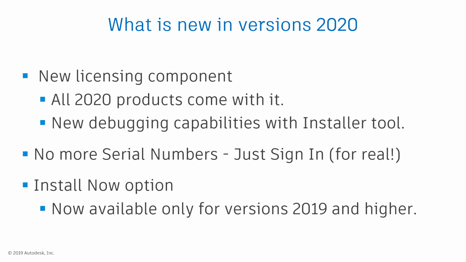Another main change with 2020 is that most of the licenses are being migrated as we speak to user ID based authentication. You may have noticed that some of you that own a license, or some of your users, had a serial number based license that has been migrated to a user ID based license.